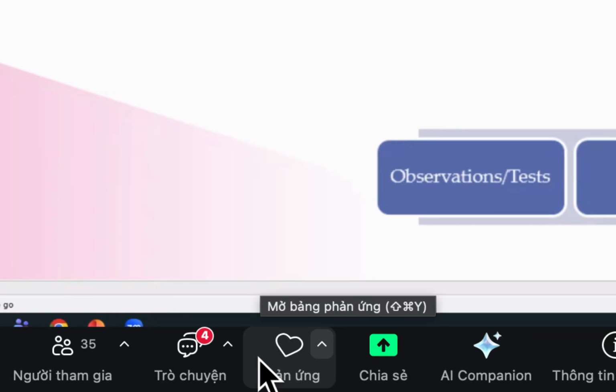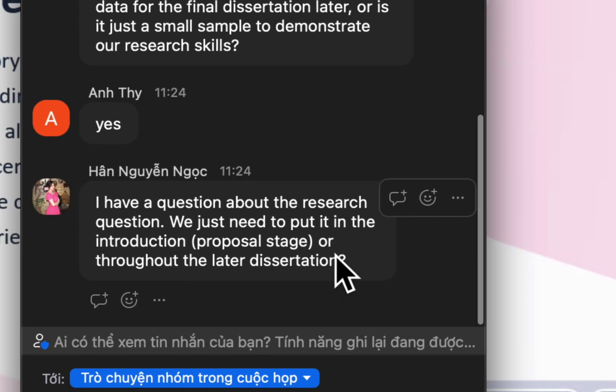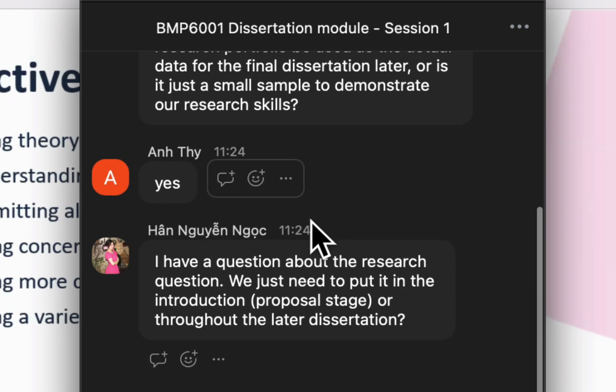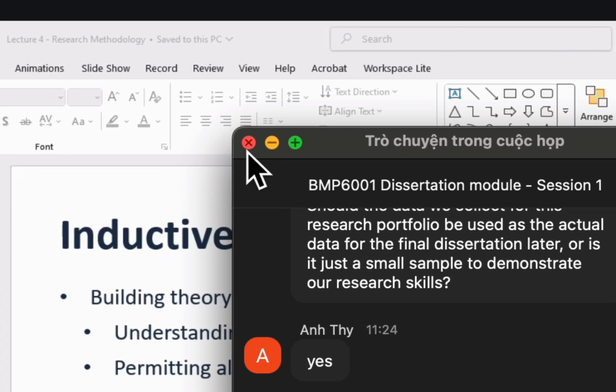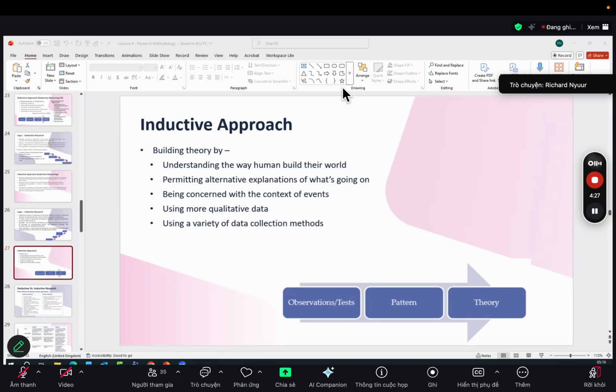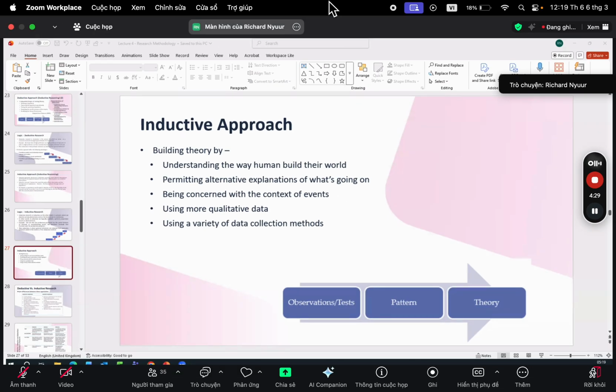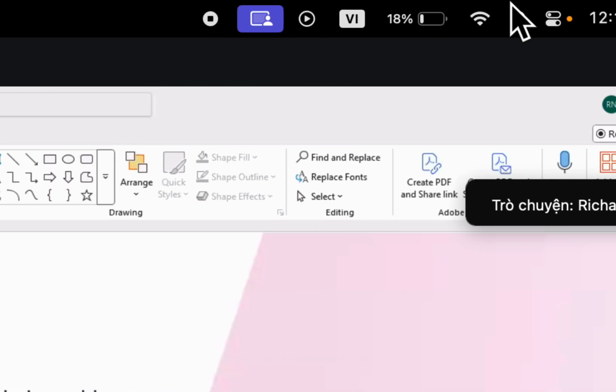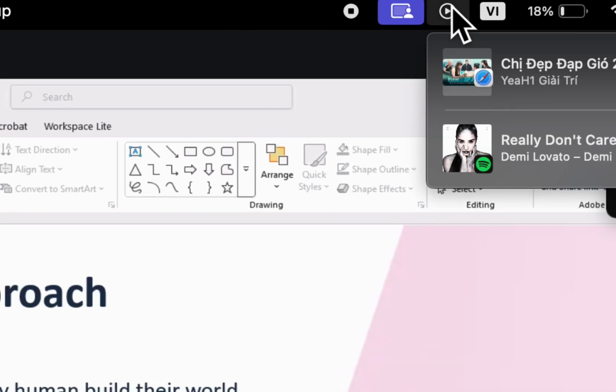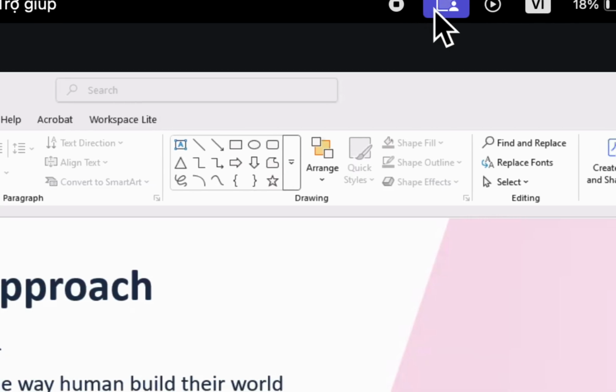You can use different data collection methods. You could have observations, case studies, focus groups, interviews, semi-structured or unstructured or structured interviews, all of them, to collect the right data to analyze.